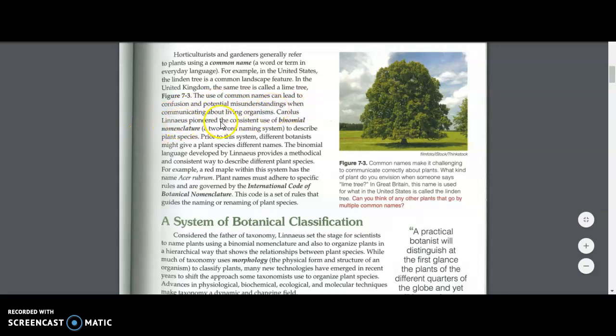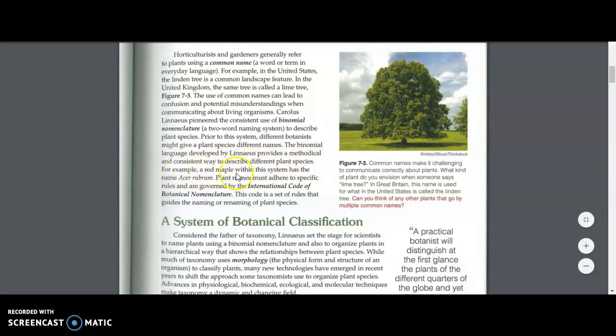Carolus Linnaeus pioneered the consistent use of binomial nomenclature, which is a two-word naming system, to describe plant species. Prior to this system, different botanists might give a plant species different names. The binomial language developed by Linnaeus provides a methodological and consistent way to describe different plant species.